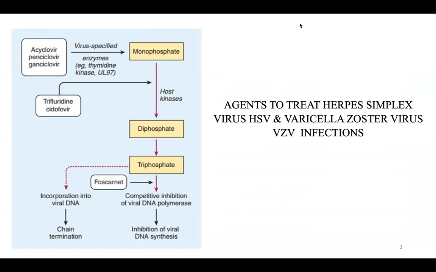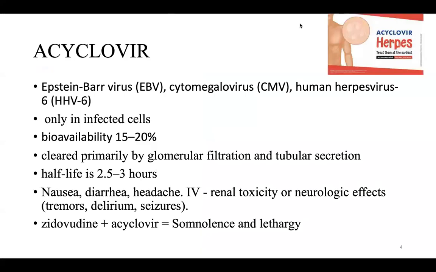They are acyclovir, valacyclovir, and famciclovir. These are drugs for treatment of herpes and zoster virus infection. They have similar mechanisms of action and comparable indications for clinical use. All are well tolerated. The first drug is acyclovir.